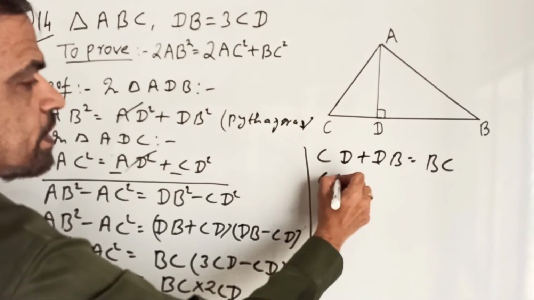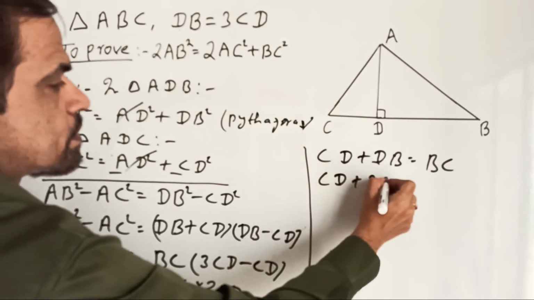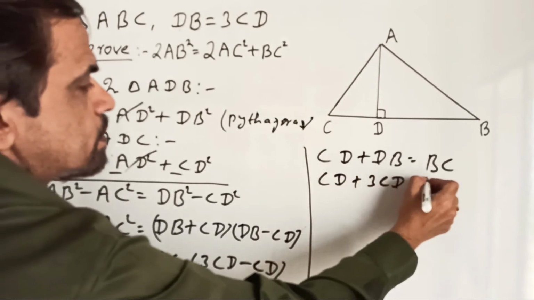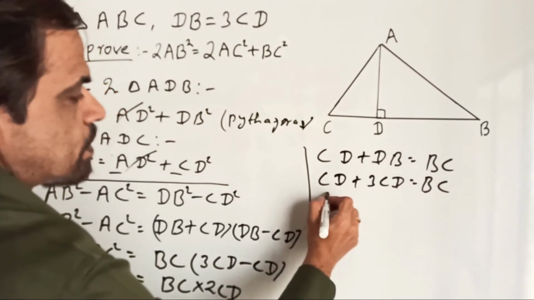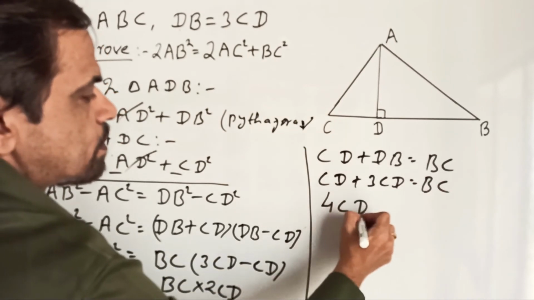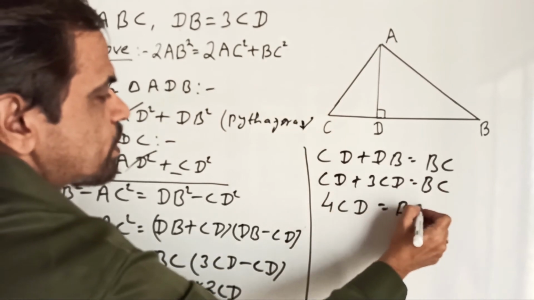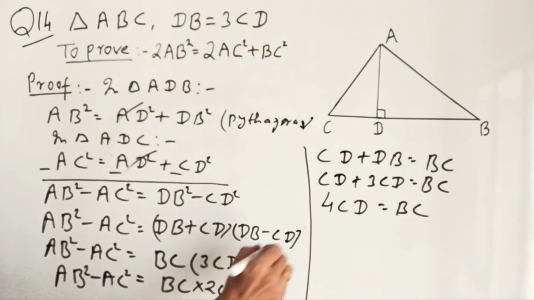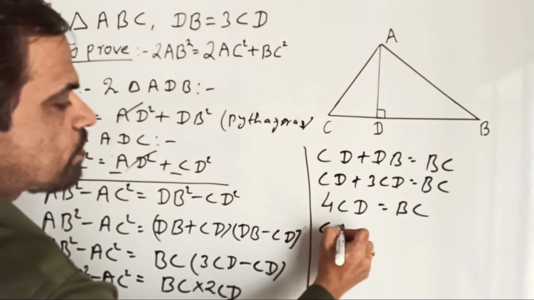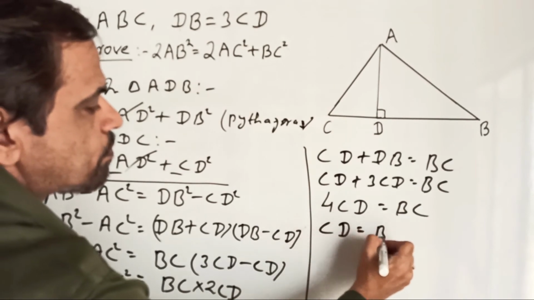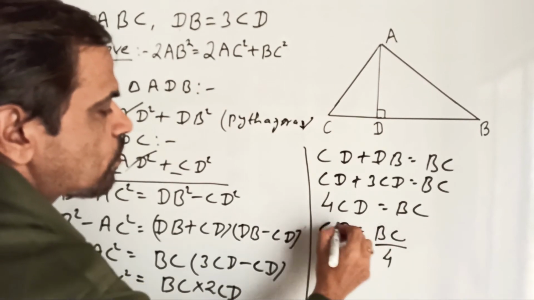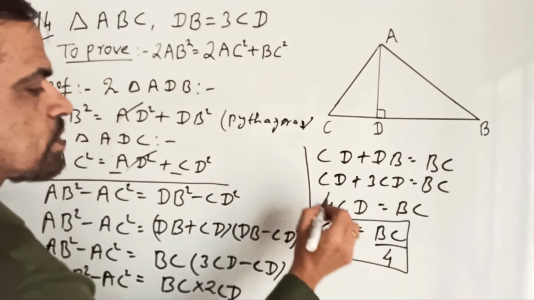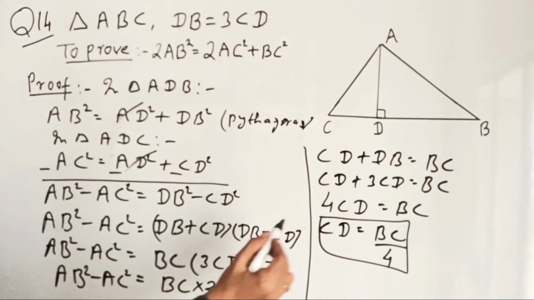So it will be CD plus 3CD is equal to BC. So 4CD is equal to BC. We are using the CD and DB relation which is given in the question. So CD is equal to BC upon 4.